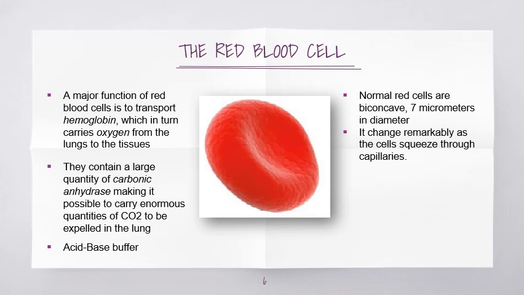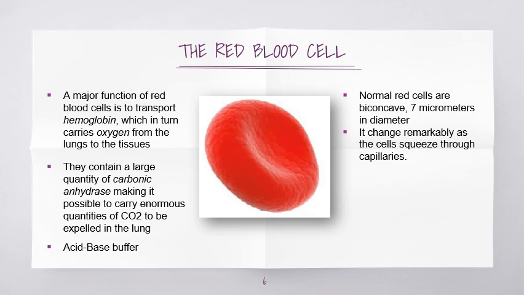And as we all know, the main function of the red blood cell is to transport the molecule hemoglobin. And hemoglobin in turn is very important because this is the one that will carry oxygen as well as carbon dioxide in and out of the lungs and the peripheral tissue.